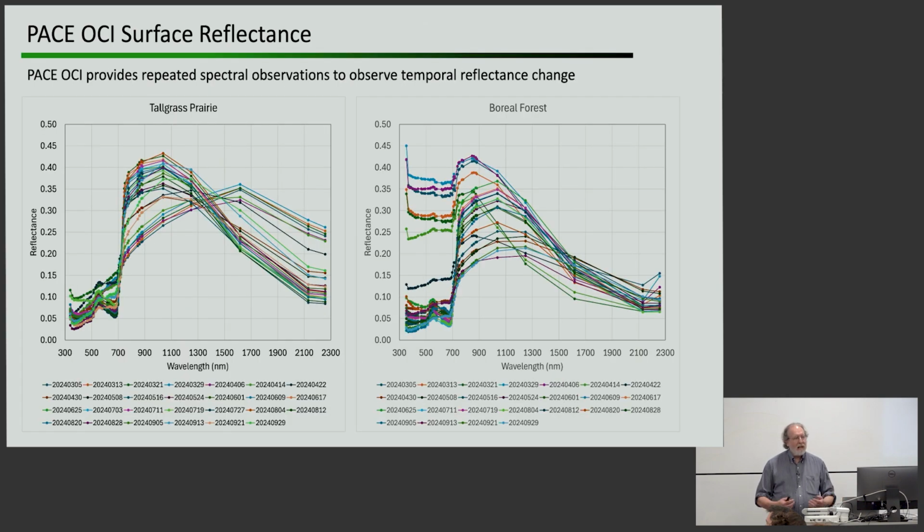So this is what we get: PACE OCI reflectances, 8-day averages for 2 sites that I work on. The one on the left is the seasonal change in spectral reflectance for a tall grass prairie in Kansas. And the other is the seasonal change in spectral reflectance for a boreal forest in Alaska. In the boreal forest example on the right, you can see the really bright reflectance in the early part of the year that drops down.